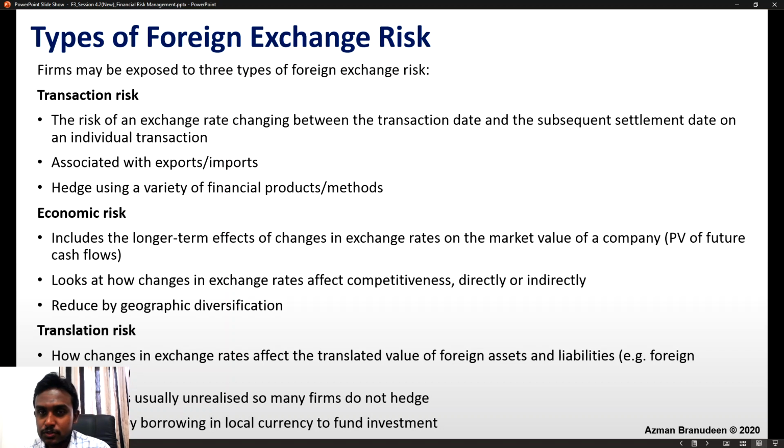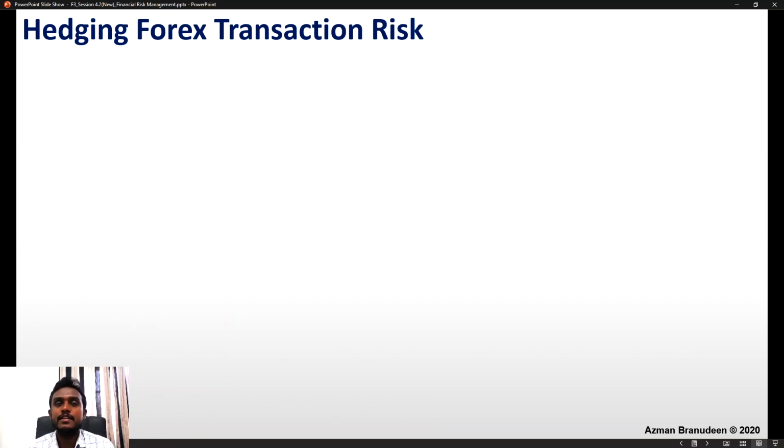Gains or losses usually are unrealized, so many firms do not hedge, but can hedge by borrowing in local currency to fund investment. There we go. Those are the 3 key types of foreign exchange risk a company can be exposed to.